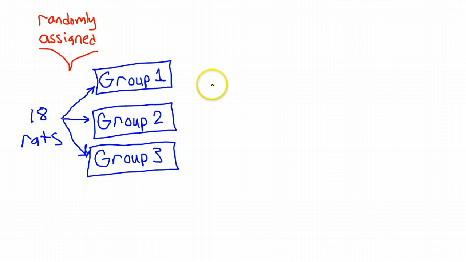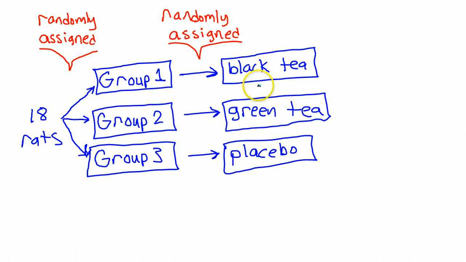All right, well, since there are 3 treatments that we want to do, we want to take our 18 rats and randomly assign them to 3 groups. So that's the first part of my diagram. And then each one of these groups is going to be randomly assigned a treatment. All right, and here's how I would show that.